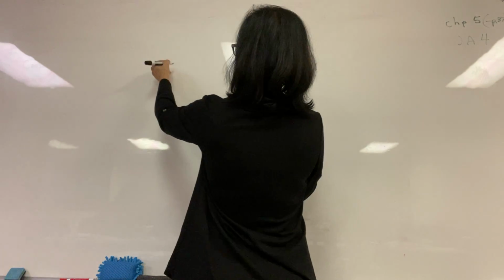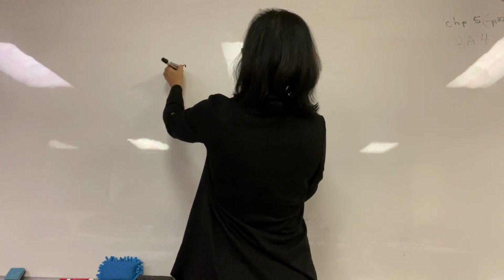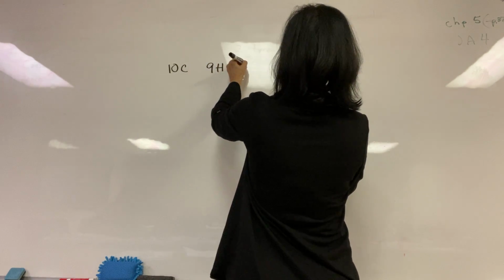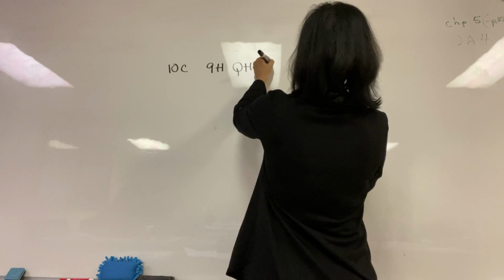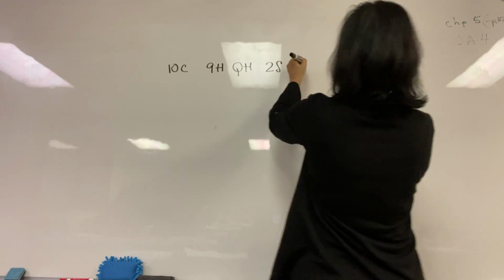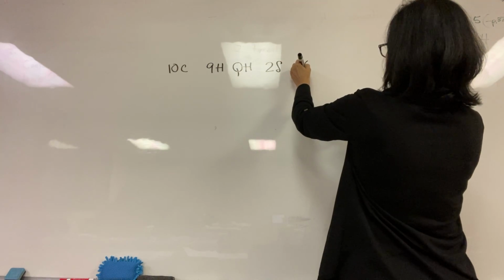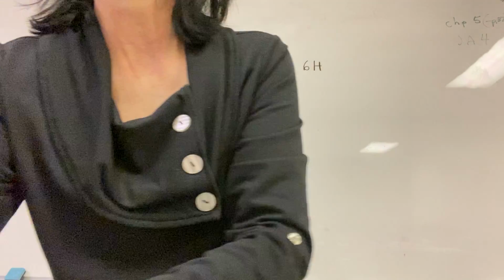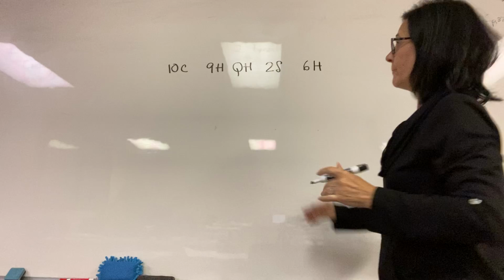So let's see, I have the 10 of clubs, I have the 9 of hearts, the queen of hearts, the 2 of spades, the 6 of hearts. Okay, I'm going to leave one out, just more to write if I don't. So what is the sample space?